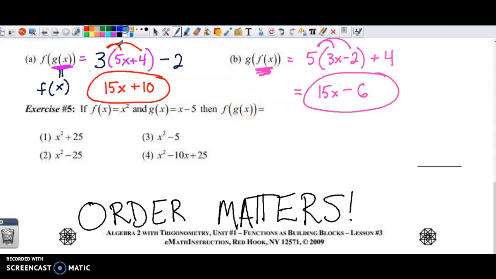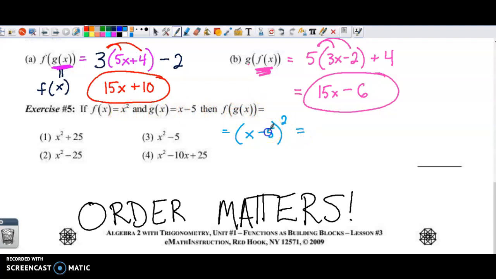So the reason why I like this last problem too is you're still doing f of x, which sometimes what I'll do is I'll rewrite it that f of x is something squared. Well, what's that something now? The something is now g of x, which is x minus 5.